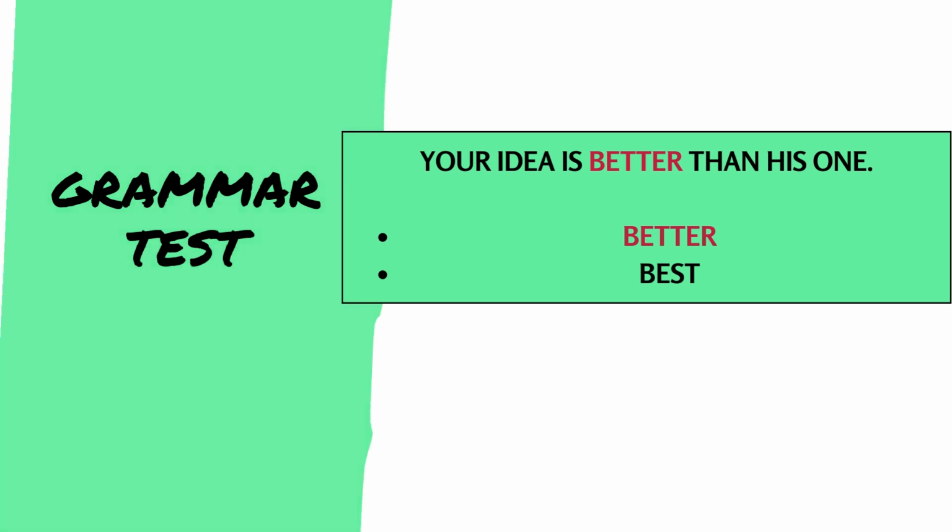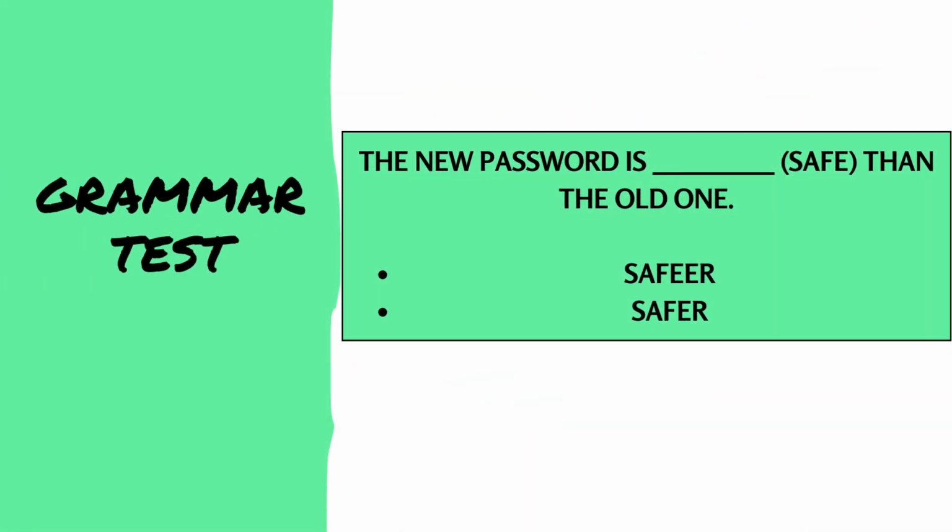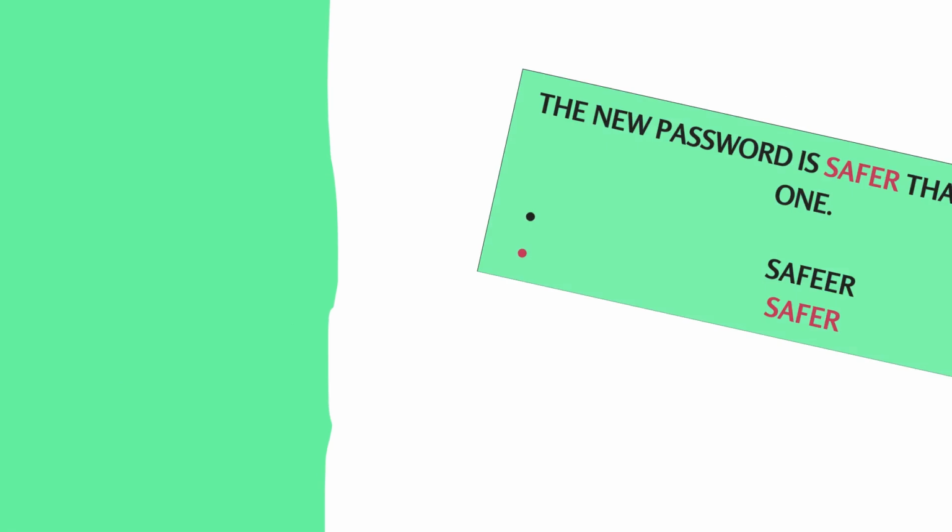Let's continue with the second example. The new password is, we have this adjective safe, then the old one. And there are two choices as well. Safer with double E or safer with one E. What is the correct answer? What's your opinion?